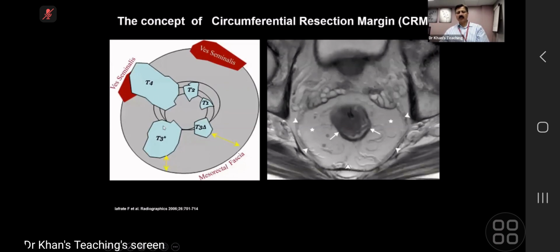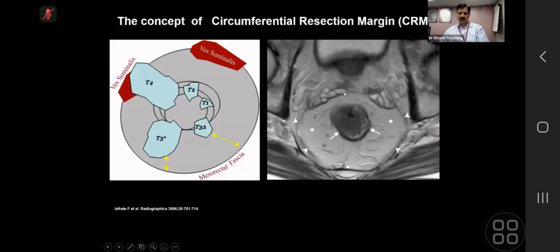On the other hand, if the tumor goes into, for example, any other pelvic organ, we call it a T4. T4 will be blatant, it will be evident. But T3 is where you have to develop your eyes. So, look at this. This is the tumor here, node here, node here, and this thing all is the mesorectal fascia.